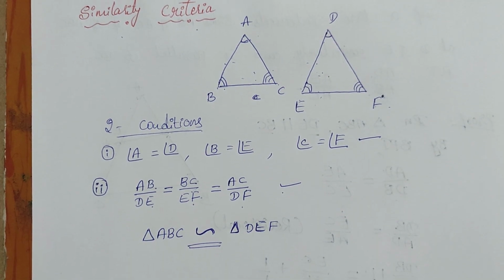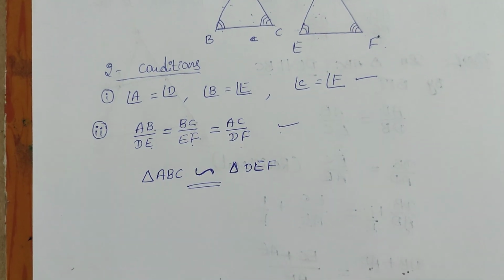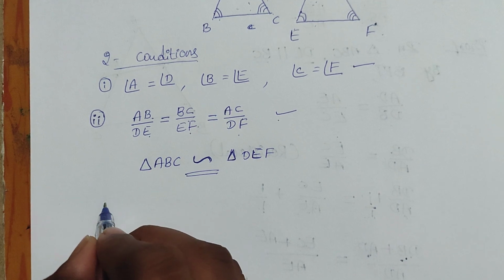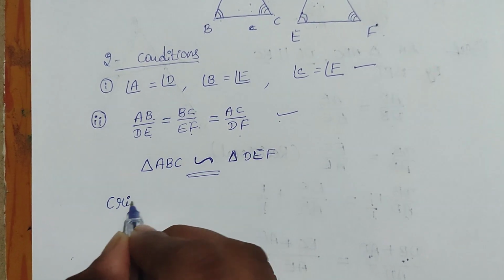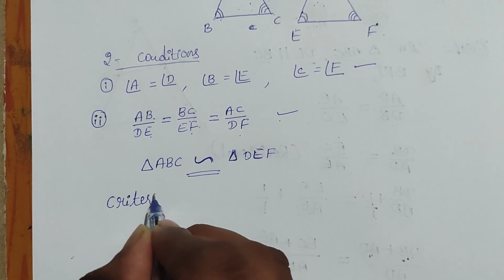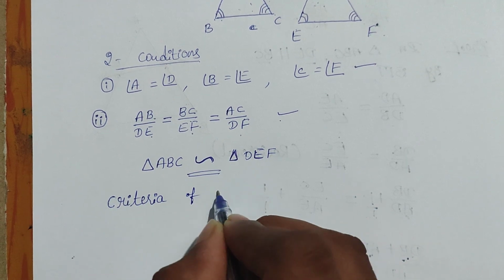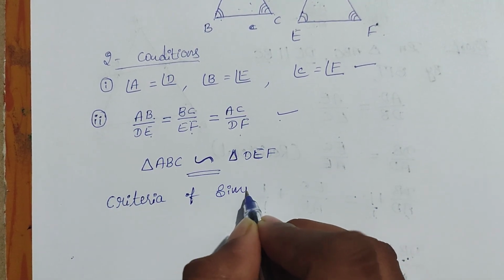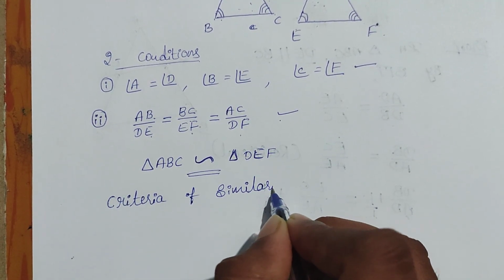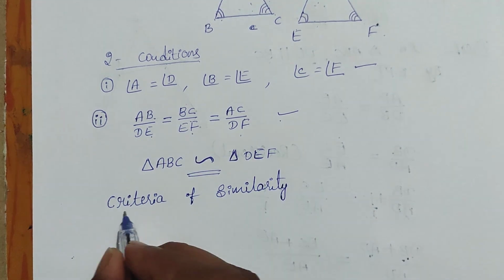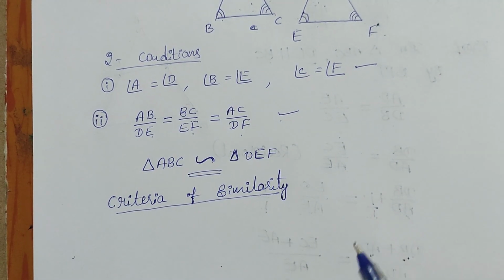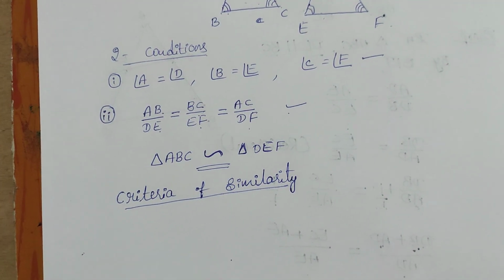Now we will know about the criteria of similarity. In the 9th standard, you have already learnt about criteria of congruency.